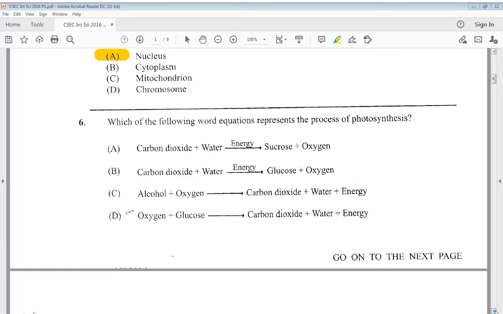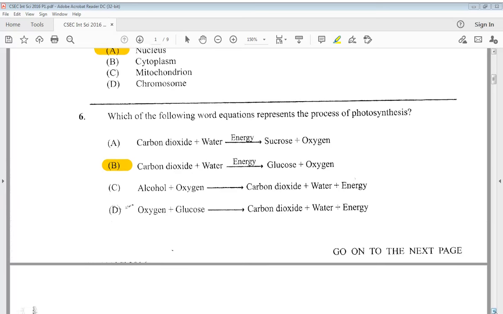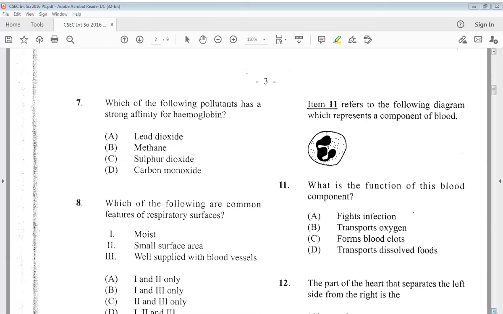B, carbon dioxide plus water gives energy, glucose plus oxygen, or C, alcohol plus oxygen gives carbon dioxide plus water plus energy, or D, oxygen plus glucose gives carbon dioxide plus water plus energy. So we know that it would be B.